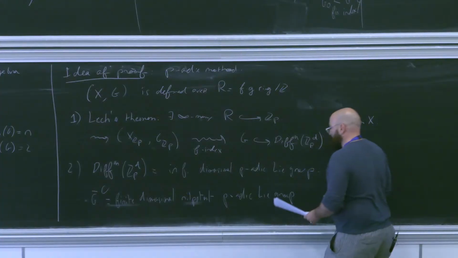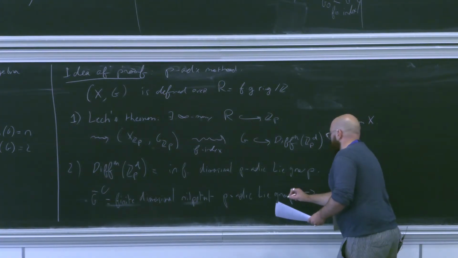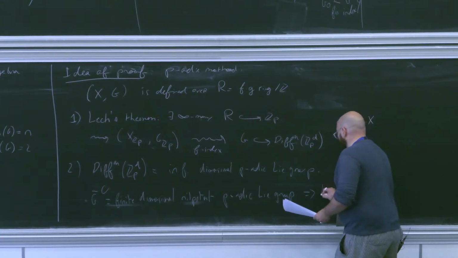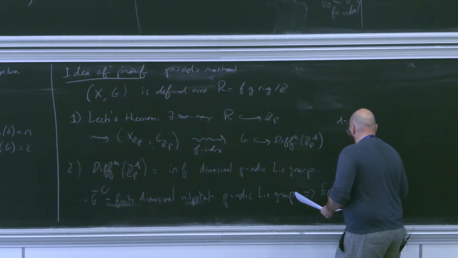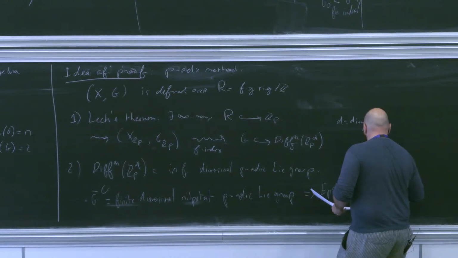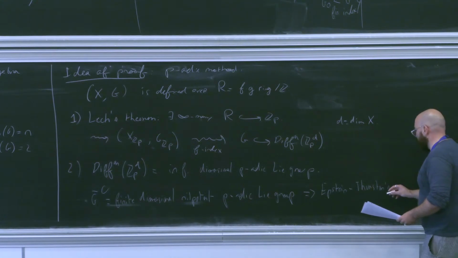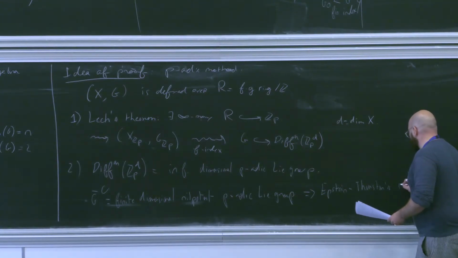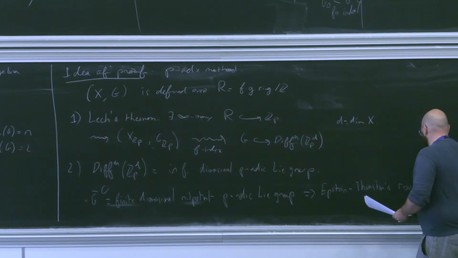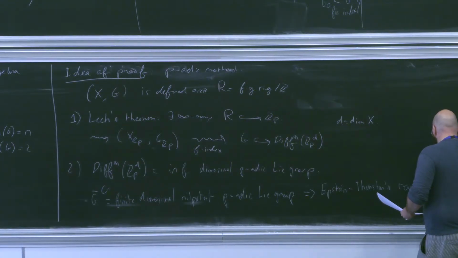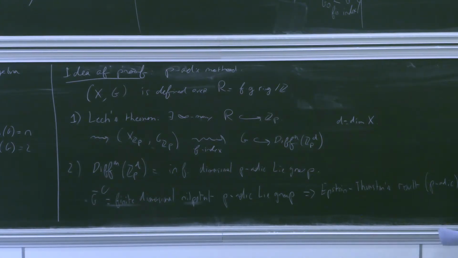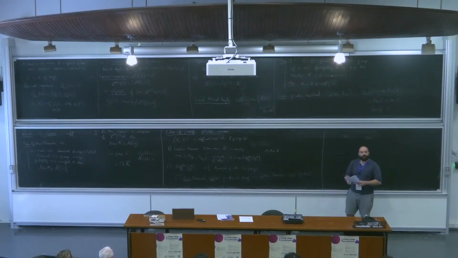Okay. Then you can look at the Lie algebra, okay, and you can conclude with a p-adic version of Epstein-Thurston's result. Okay, so that's the plan of the proof.